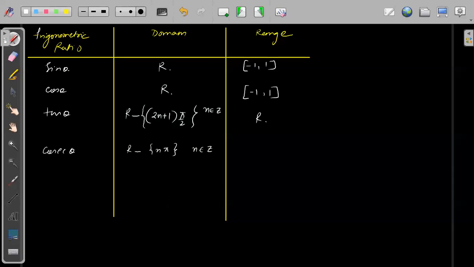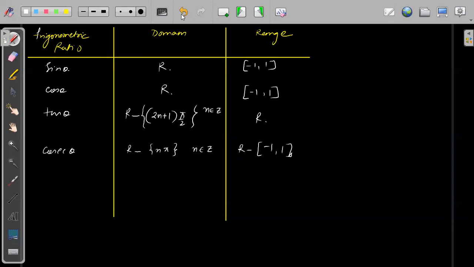What is the range of cosec theta? Range is R minus (minus 1 to 1).